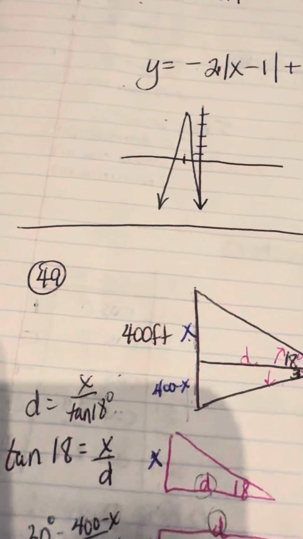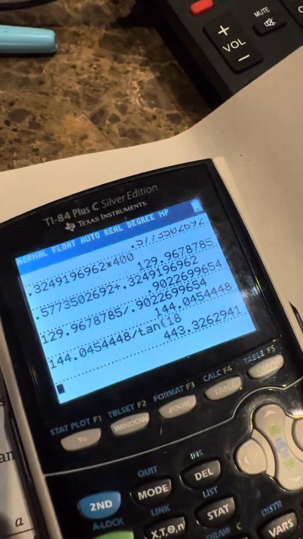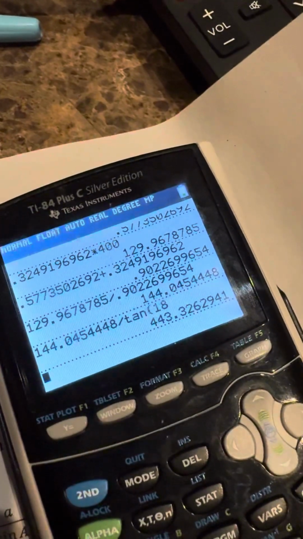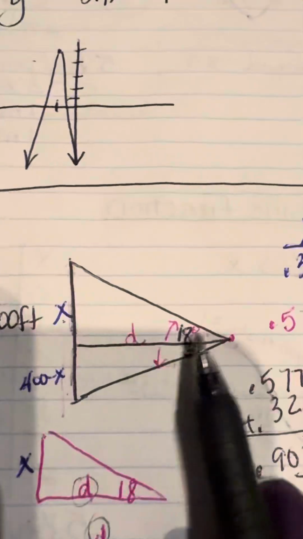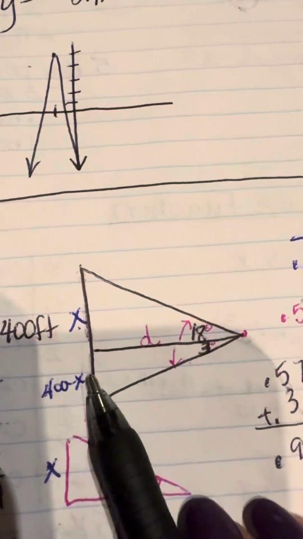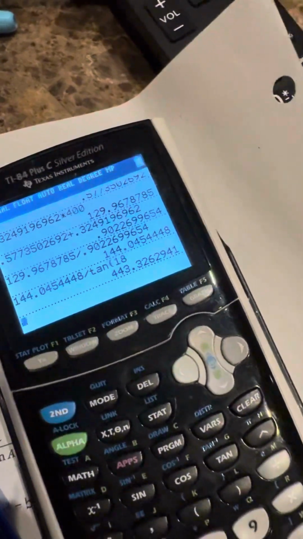So I'm taking that X value and dividing by the tangent of 18 degrees on my calculator. That gives me my distance, because that's what D is equal to according to my formula. So that tells me the distance between the person and the tower: 443.32 feet.